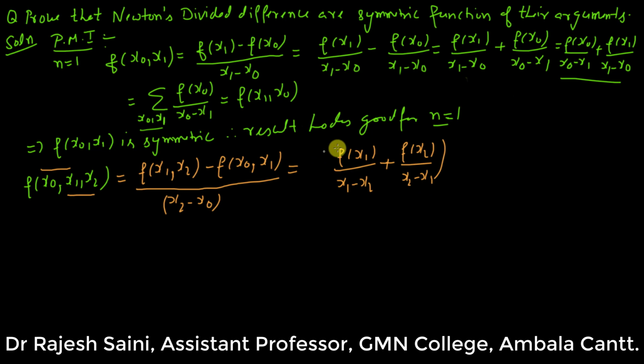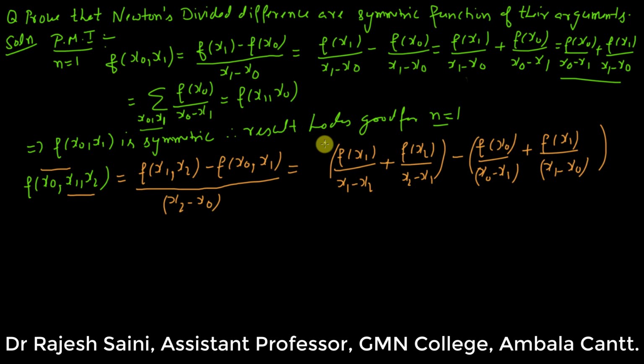Fine. Minus, because the result is holding good for n equal to 1, we can write it for any of the arguments. So we can write it as f of x0 divided by x0 minus x1 plus f of x1 divided by x1 minus x0.